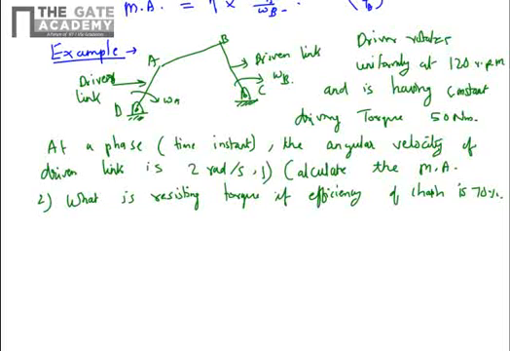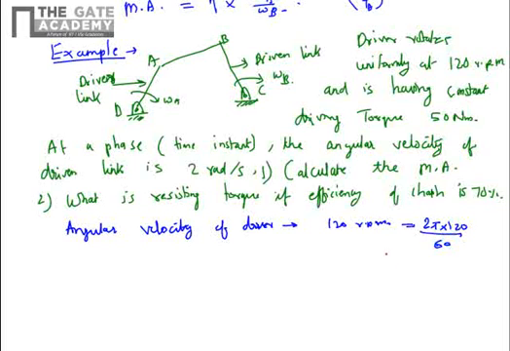So the angular velocity of the driver here is 120 rpm. In radians per second, it will come as 2 pi into rpm divided by 60, that is equal to 12.56 radian per second. So we know the input angular velocity, and we know the output angular velocity.